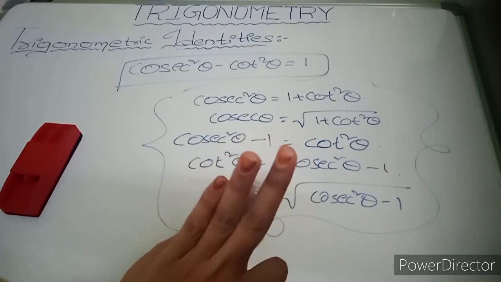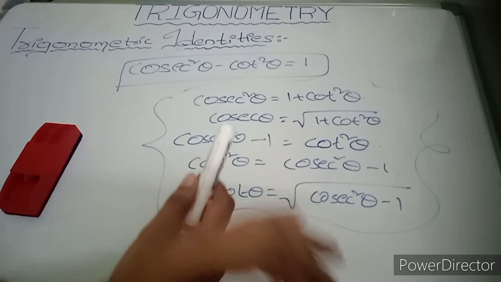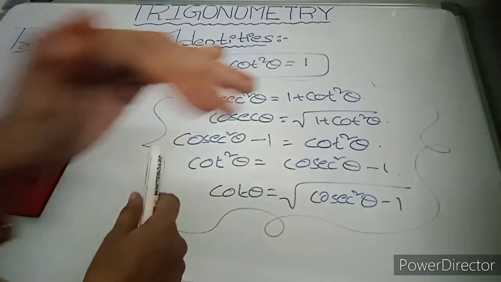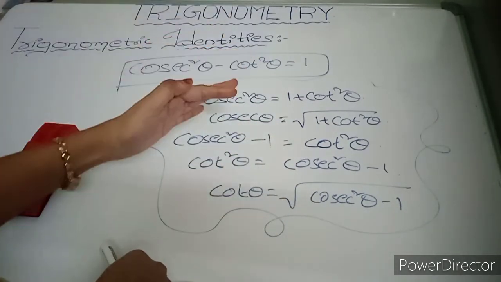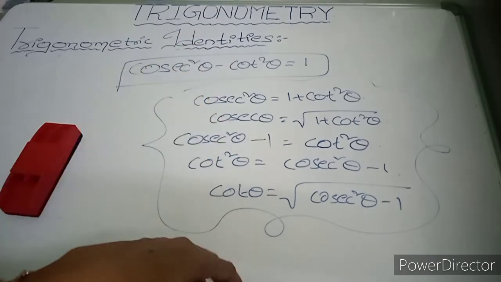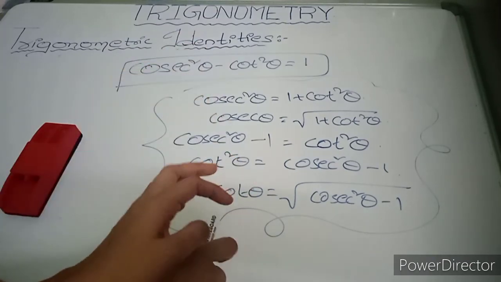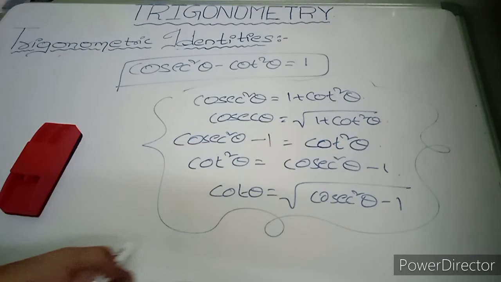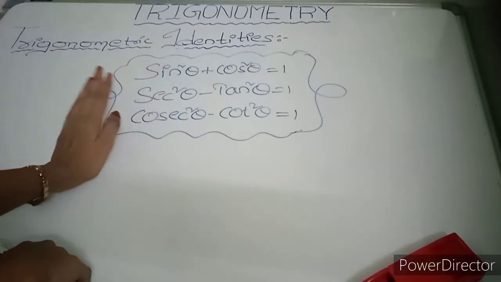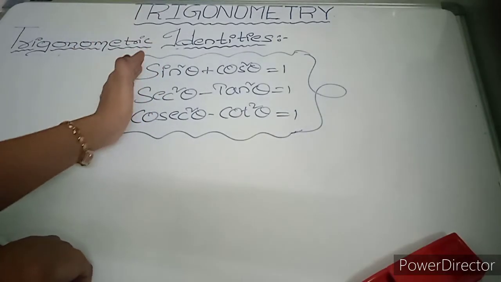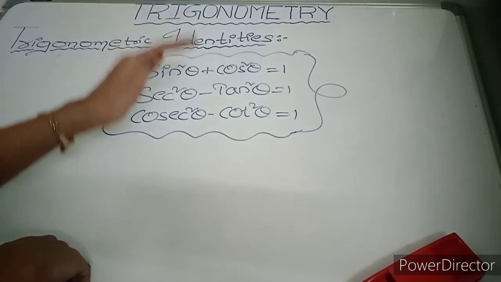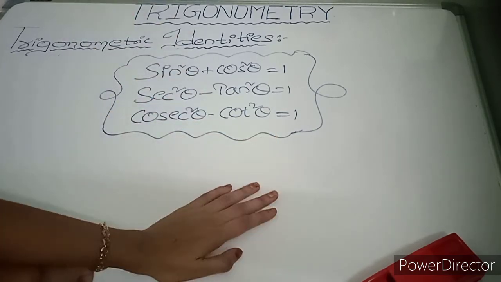If we remember these three identities, it will be very easy to write the remaining identities, because the remaining identities are based on those particular identities, isn't it?